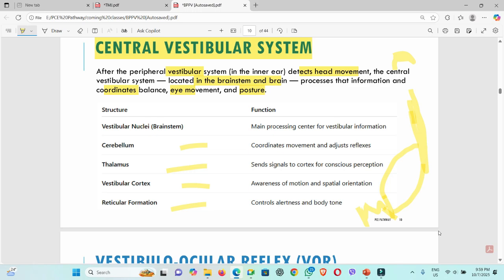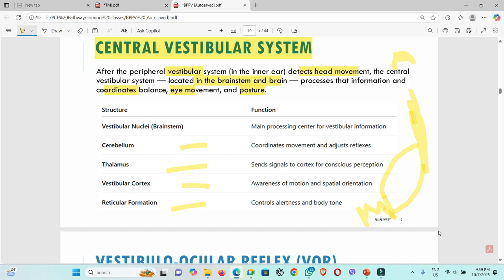If someone pushes us, we use ankle strategy, hip strategy, and all. No, that is a balancing sort of thing. But I'm talking about muscle contraction in response to head movement, which is triggered by the vestibular system.